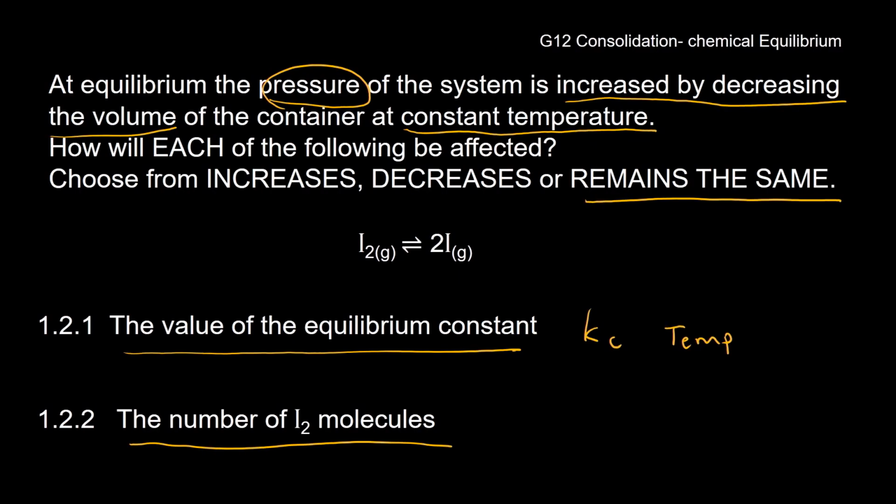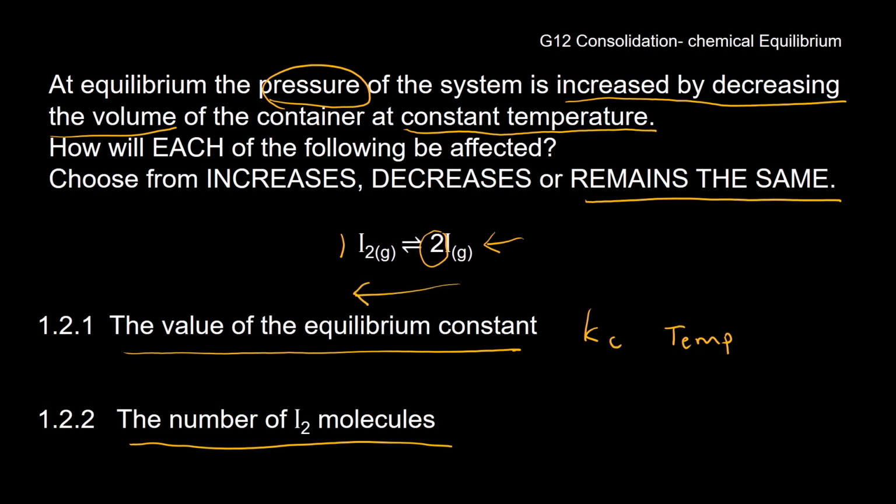So when we look at our balanced equation over here, which is I2 reacts to form 2I, you can see that there are 2 moles of the atoms of iodine there and 1 mole of diatomic iodine. So which way is it going to shift? Well, obviously the equilibrium is going to shift to alleviate the number of moles, so it's going to shift in this way.